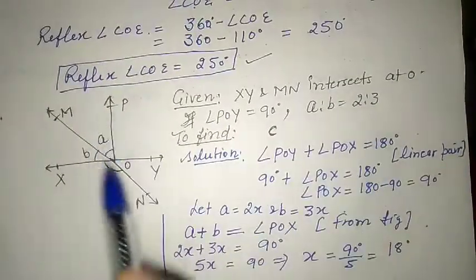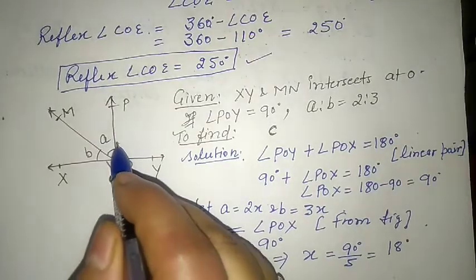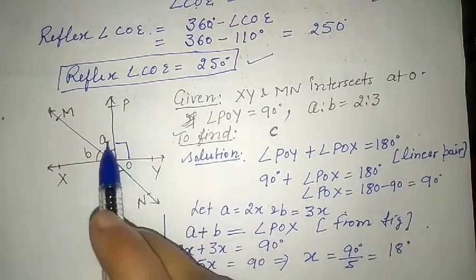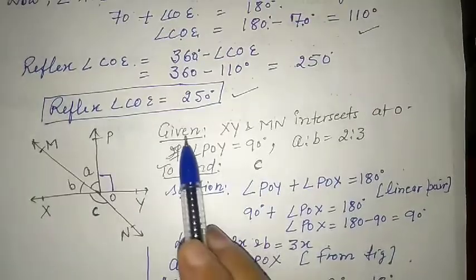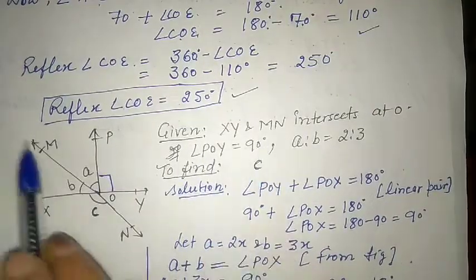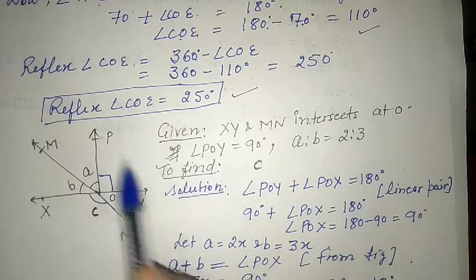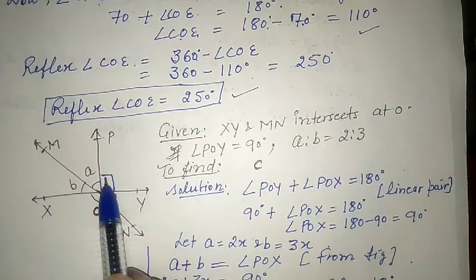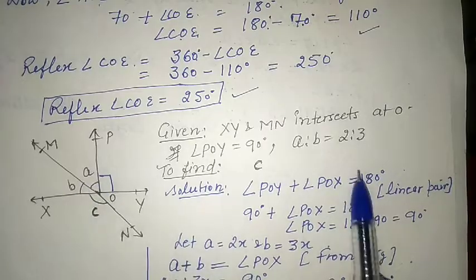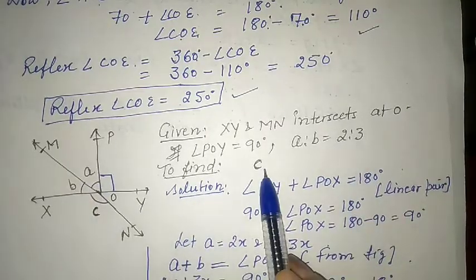I have drawn the figure here. So first we write the given: XY and MN are intersecting lines that intersect at O, POY is 90 degrees, and the ratio of a and b is 2:3. We have to find angle c.